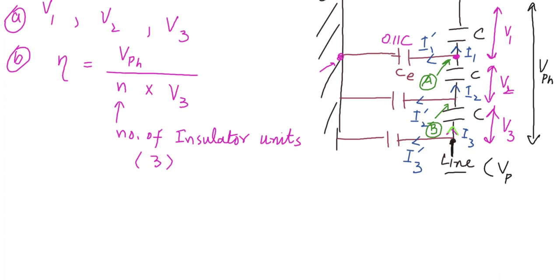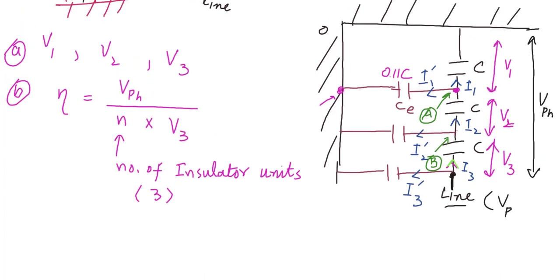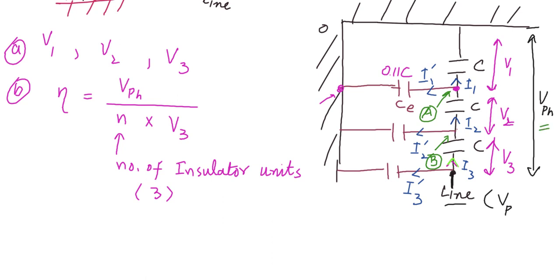Okay, so now our total phase voltage applied across the whole string is V phase, and this is equal to the sum of all the voltages V1 plus V2 plus V3. And this V phase is equal to line voltage divided by square root of 3.